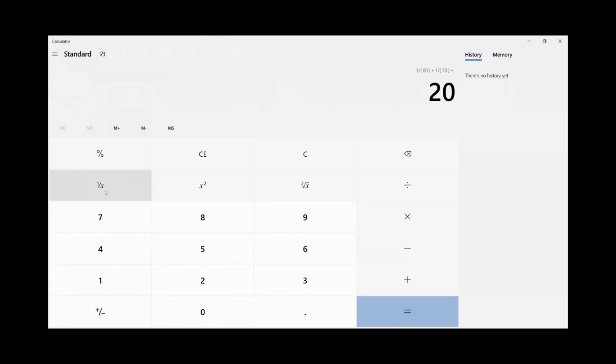We click that key again, and that's going to give us 0.05. Then we have to click that key one last time in order to get our resultant, which in this case would be 20 ohms. Any questions about that? Or are we good?